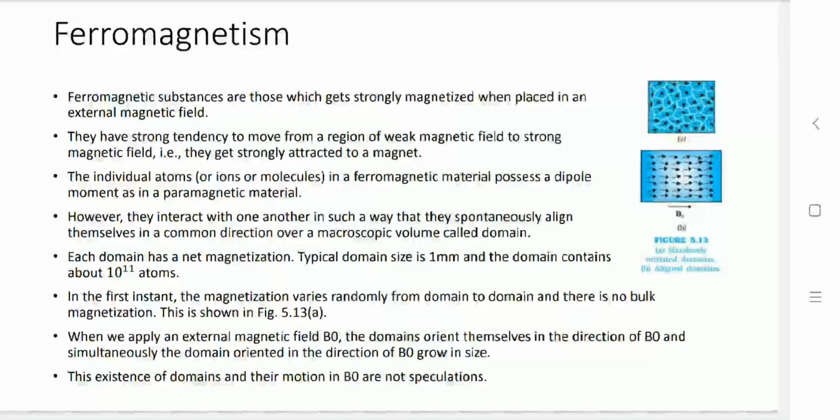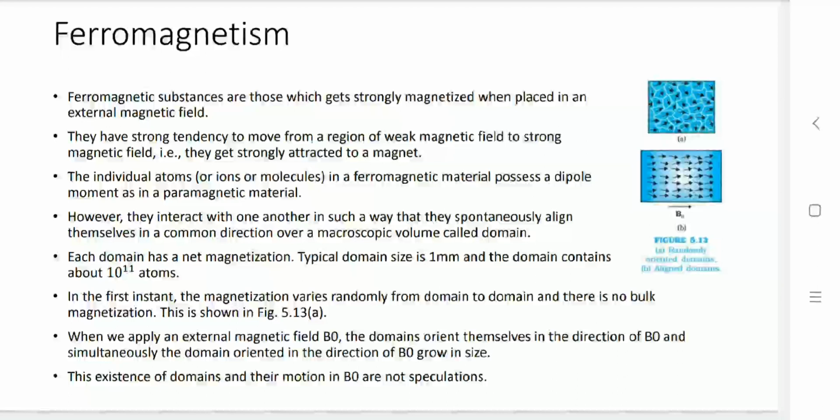Initially, individual atoms in a ferromagnetic material possess a dipole moment, as in a paramagnetic material. But they interact with one another in such a way that they spontaneously align themselves in a common direction over a microscopic volume, in a small domain or region.